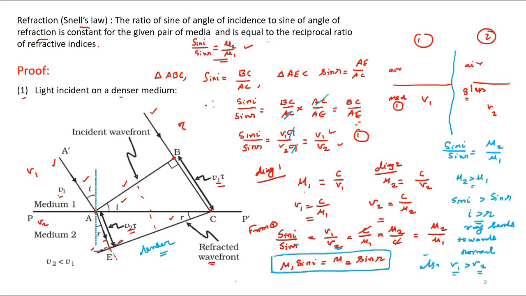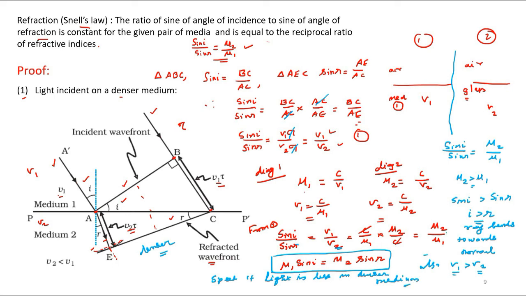Speed of light is less in a denser medium.